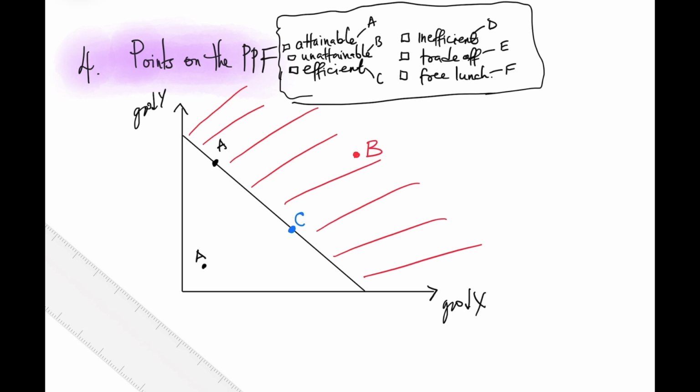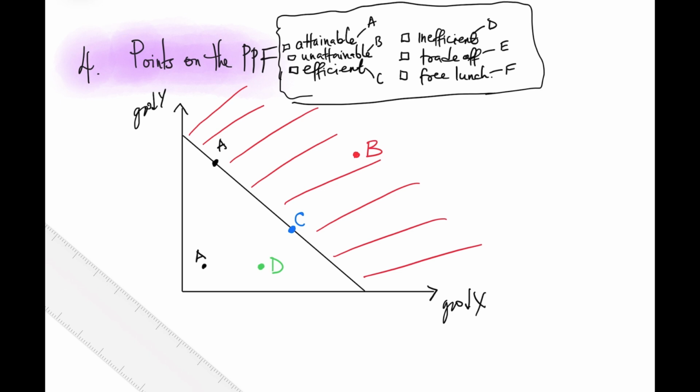An inefficient point, point D, well, that will be, and I'm running out of color here, I'm going to go back. Oh, I have green. Okay, an inefficient point, point D, will be found within the boundaries of the frontier and the axis. So here we have point D, inefficient.